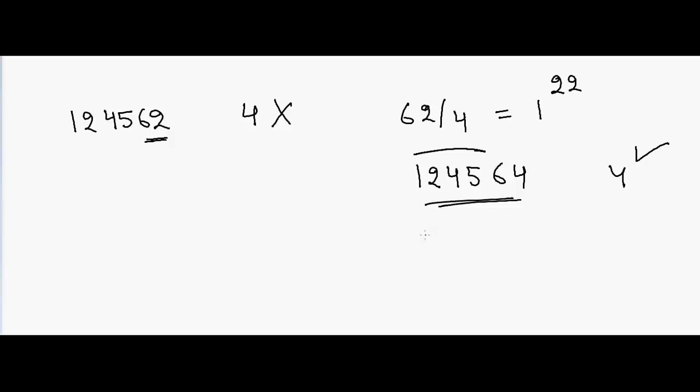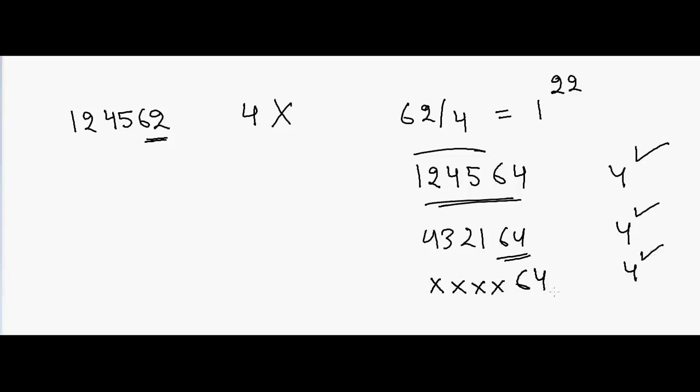I can write 4 3 2 1 6 4, and again it is divisible by 4, or I can write anything followed by 64, and the number should also be divisible by 4. So I have to look at the last two digits to check if the number is divisible by 4 or not. In this case it is not.